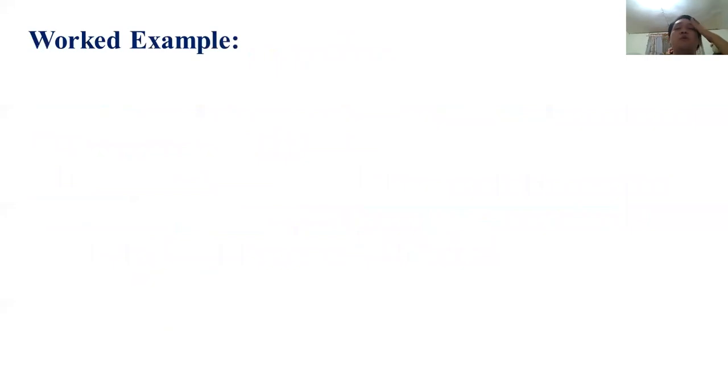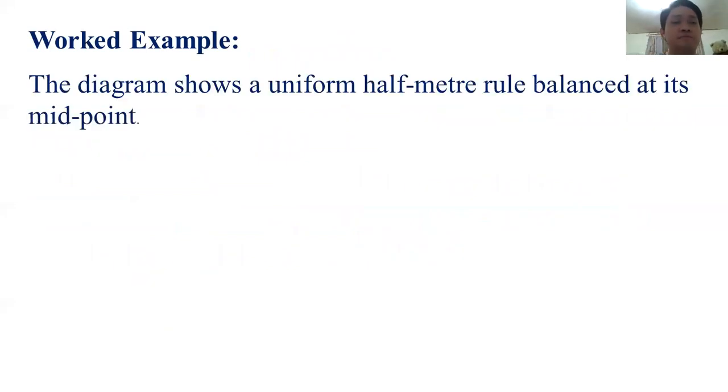So now let's do the worked example. The problem is: the diagram shows a uniform half-meter rule balanced at its midpoint.